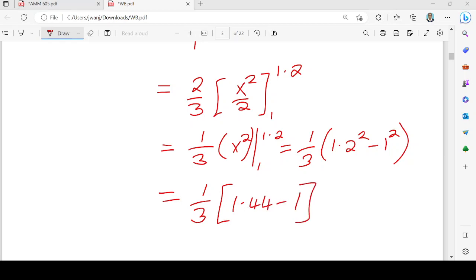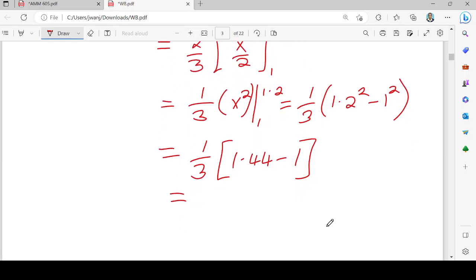Working this out gives 0.44 divided by 3, which will give us a value of 0.14667. This is the probability that the random variable will assume a value which is less than 1.2.